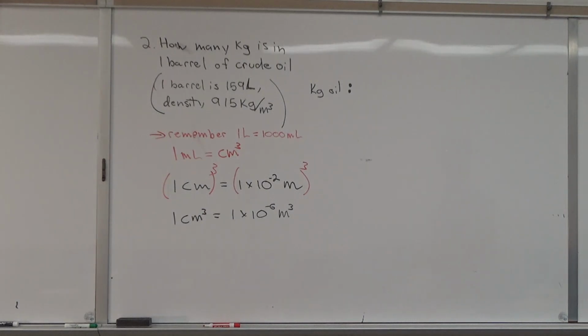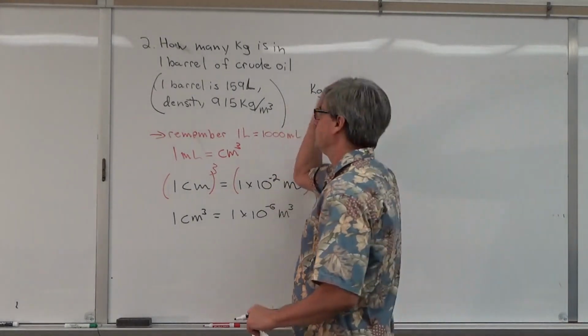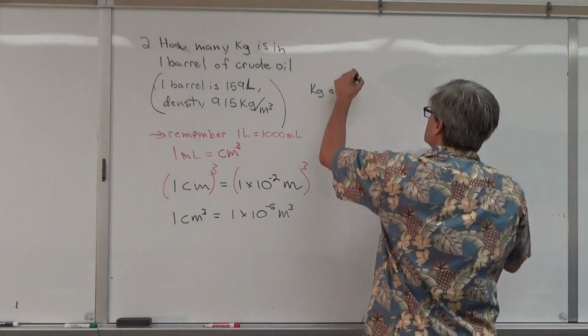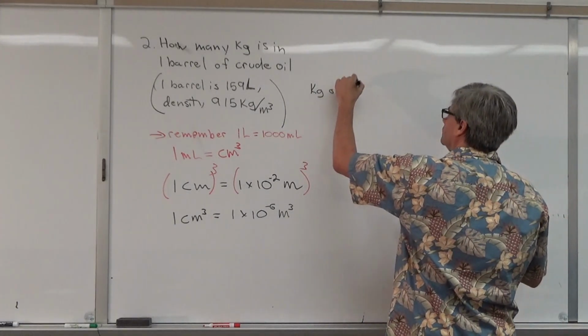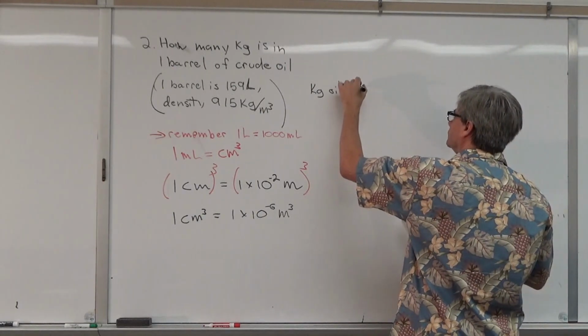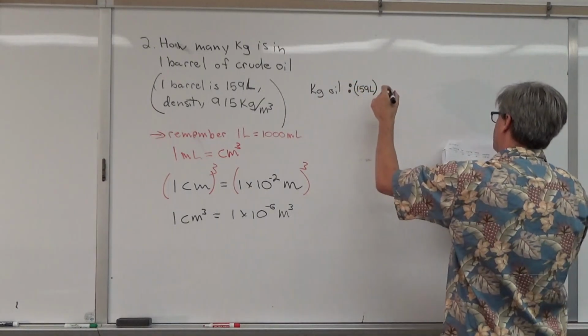You can start from multiple different places. But we know that we're starting with one barrel. I'm going to start with 159 liters. I'm going to make this smaller so it can hopefully fit on here. 159 liters.